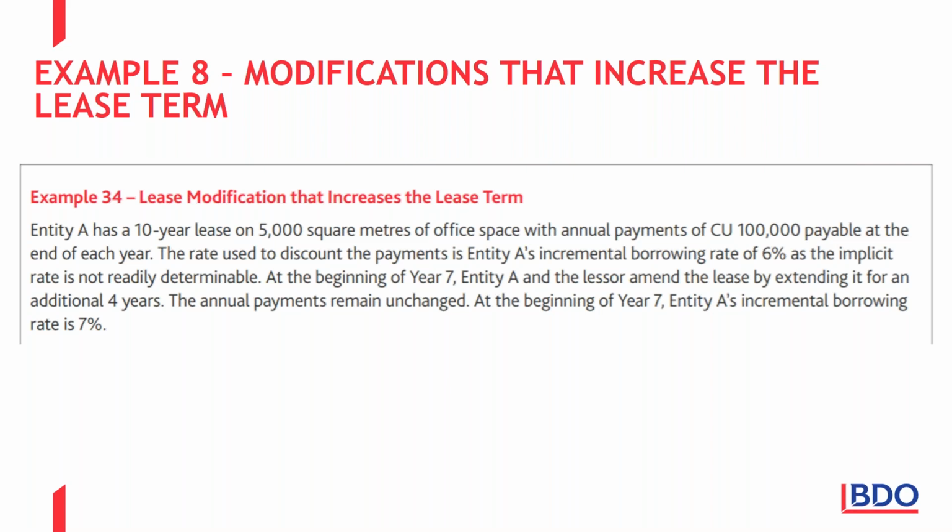Now, the rate used to discount the payment is entity A's incremental borrowing rate of 6%, as the implicit rate is not readily determinable. And at the beginning of year 7, entity A and the lessor amend the lease by extending it for an additional 4 years. And the annual payments remain unchanged. And at the beginning of year 7, we've got a new incremental borrowing rate for entity A, which is 7%.